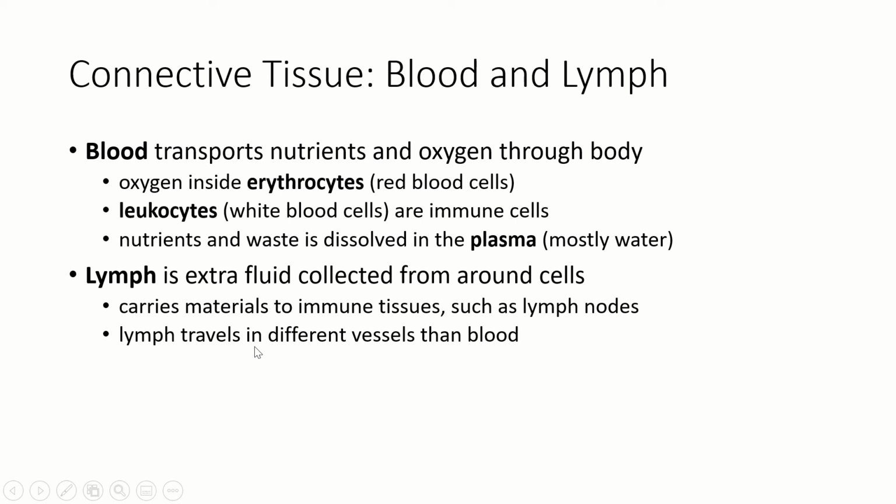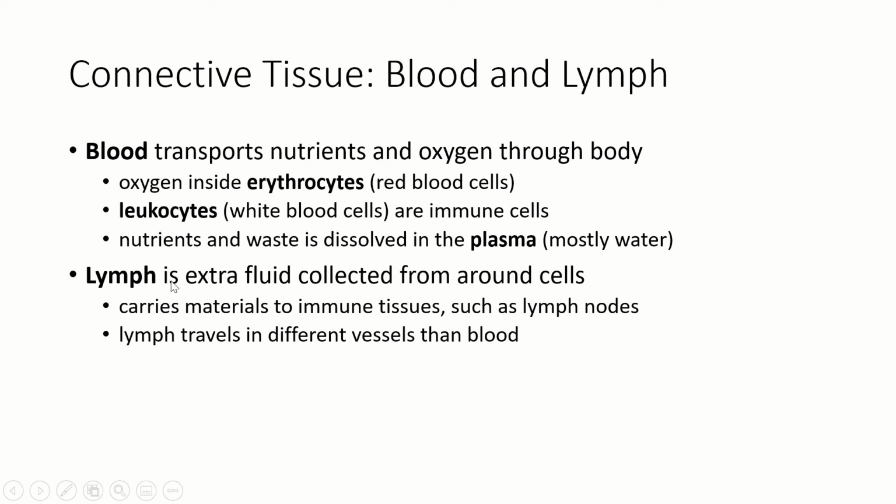Now, lymph collects extra fluid from around the cells. So the way that your circulatory system works, more plasma exits the blood system than is absorbed by the cells themselves. So if there wasn't another way to absorb that, your tissues would all just swell up and you would look like a watermelon.